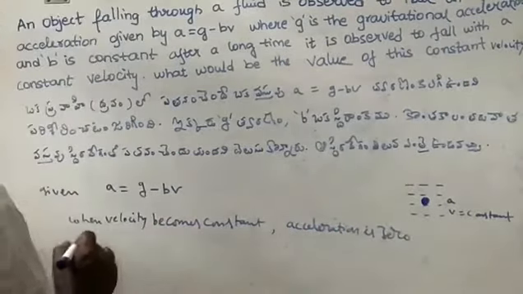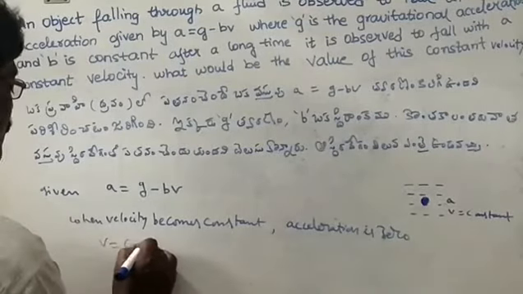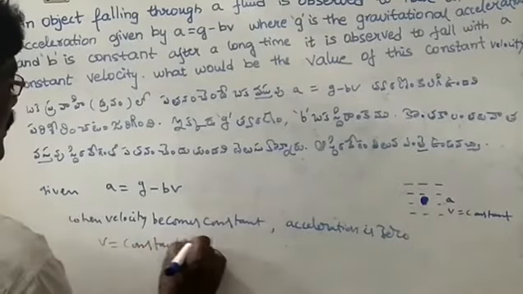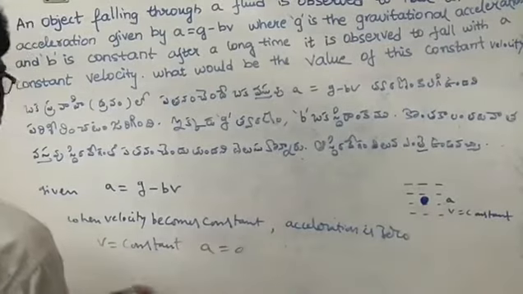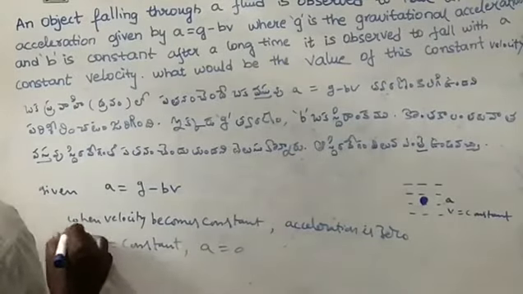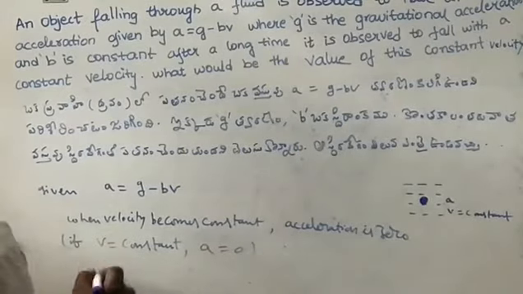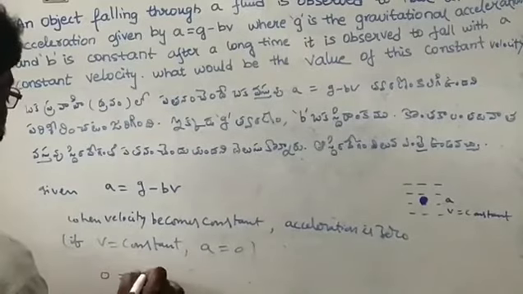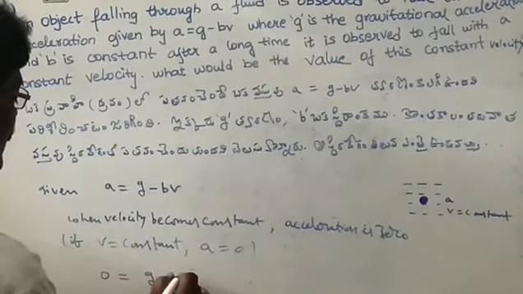That means V is equal to constant, A is equal to 0. If V is equal to constant, A is equal to 0. That means 0 is equal to G minus BV.